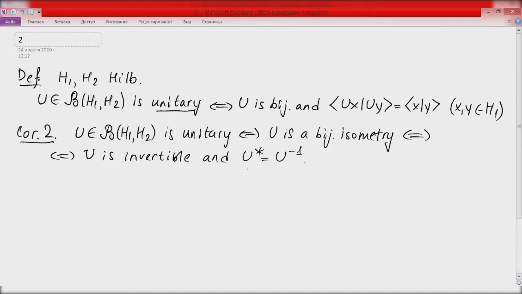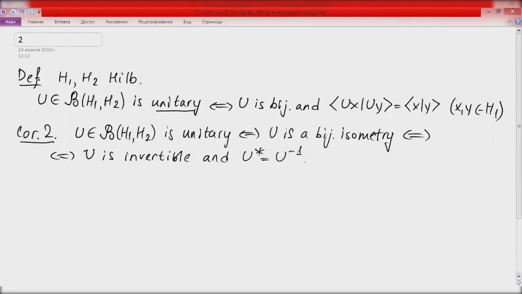By the way, this characterization of unitary operators is consistent with our earlier definition of unitary elements in a C-star algebra. We defined a unitary element of a C-star algebra as an element satisfying this last equality: U star equals U inverse. So for operators, this algebraic definition of unitary operators is equivalent to the geometric definition given above.